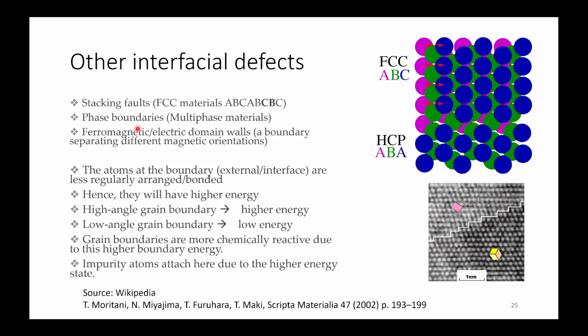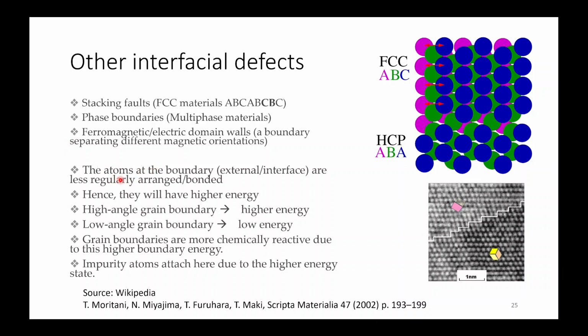Phase boundaries are found in multi-phase materials, and in the case of ferromagnetic or ferroelectric materials, we see domain walls. It is a boundary that separates different magnetic orientations.